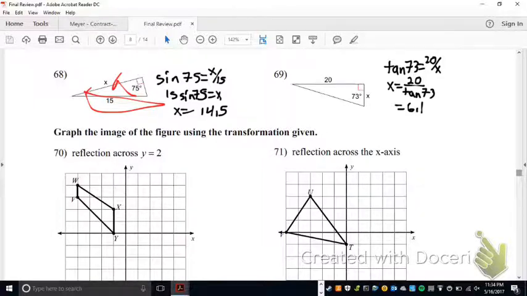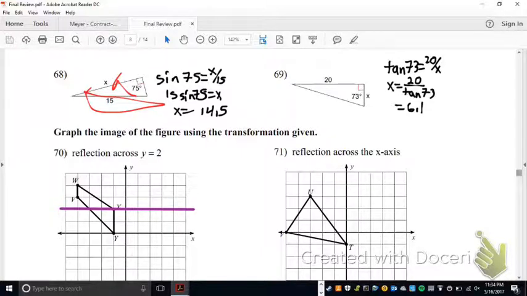70. First thing we want to do when we have a reflection is draw that line, y equals 2. Now, when we reflect something over a line, the reflection needs to be perpendicular to the line.